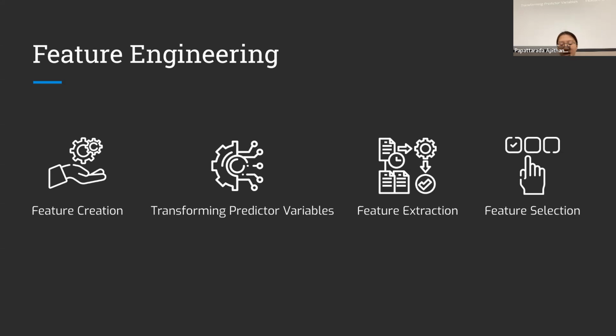The second part is about transforming predictor variables. You might be wondering what predictor variables actually means. It refers to the input that we have, so basically the image that we want to analyze. And what do I mean by transformation? This will be covered by Pavan later on.